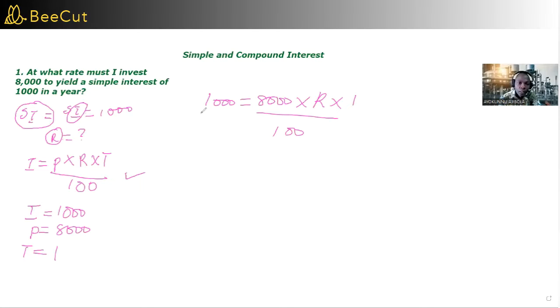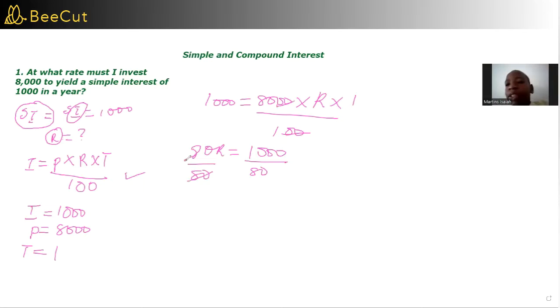So here now, I can divide these 2 zeros with these 2 zeros. And I have 80R equal to 1,000. Then I can divide both sides by 80. You getting that? What about this one? When you multiply anything by 1, does it change the value?